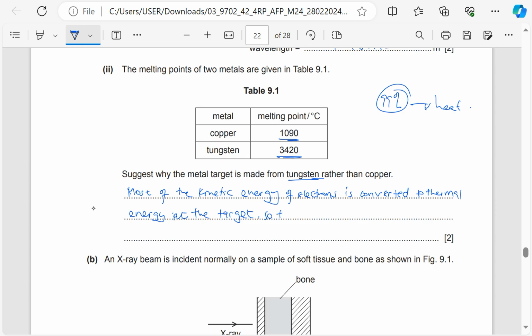So the temperature increases. But tungsten has a high melting point.